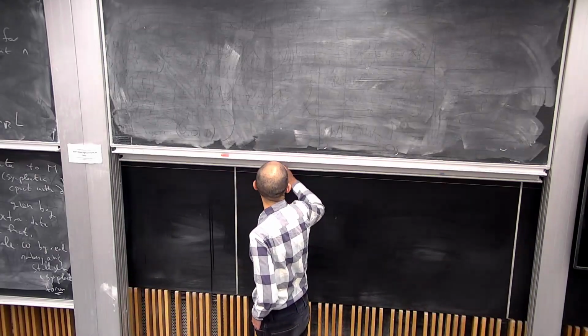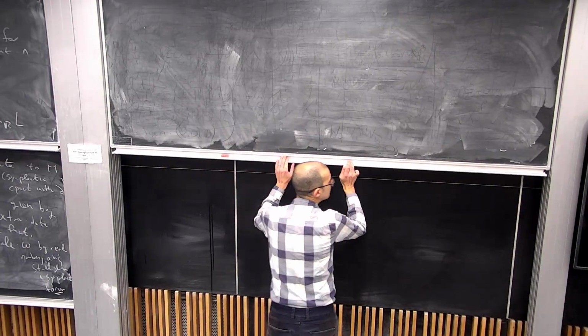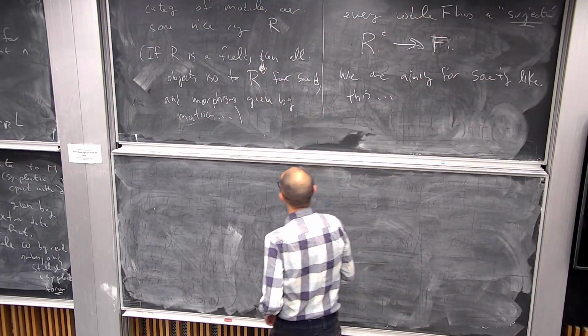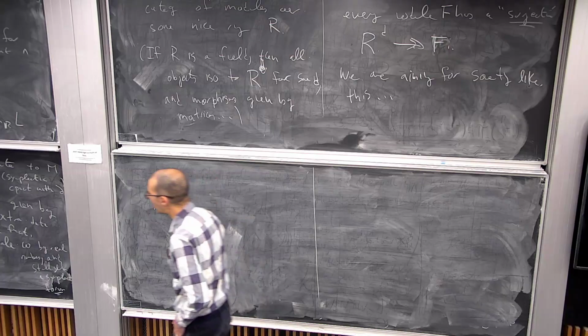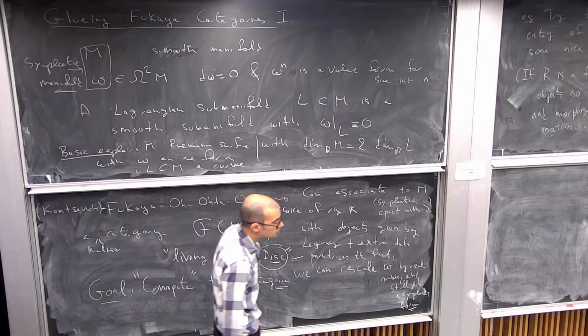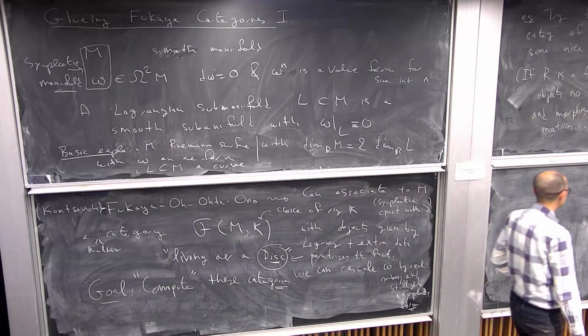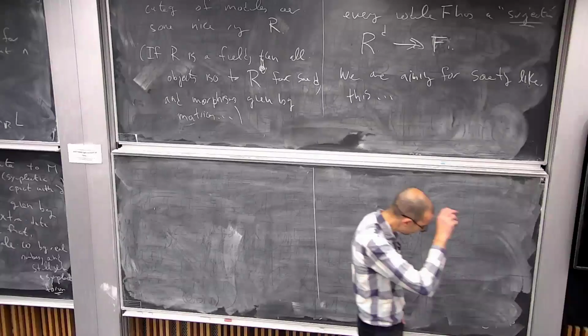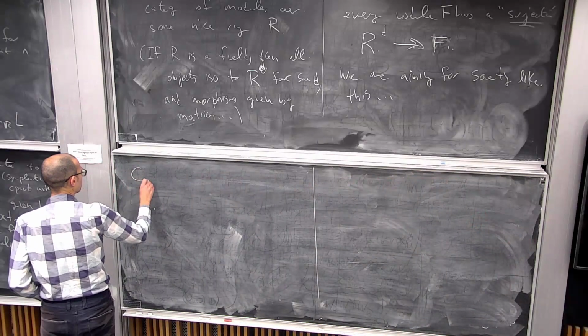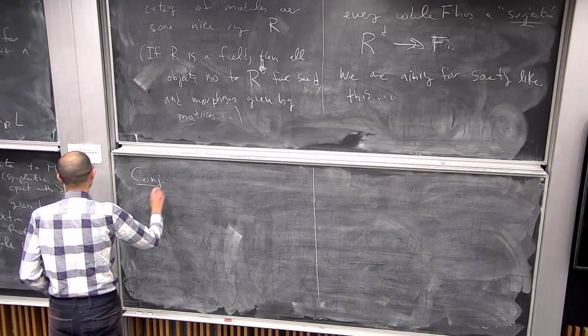So now, who is the enemy? Why is this so hard? This is hard because these categories are, well, hard to compute, but they also have unexpected properties. For example, say a conjecture.